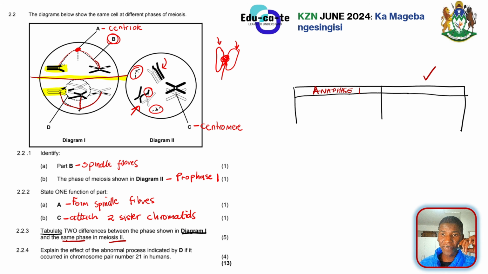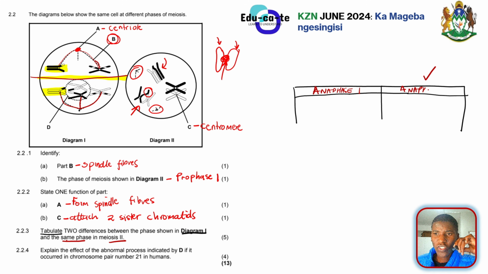The first meiotic division whereby the cell is dividing for the first time, and the second meiotic division whereby the second cells are now dividing to form haploid gametes. So we need to compare it to the same phase. The same phase will be anaphase, but now it will be in meiosis 2, as the instruction says. So now we are comparing this to anaphase 2.